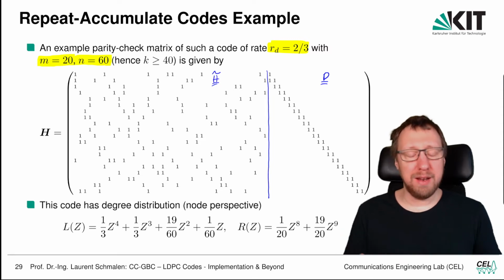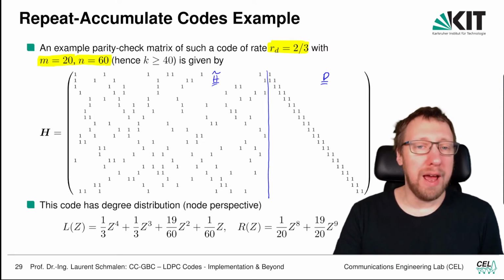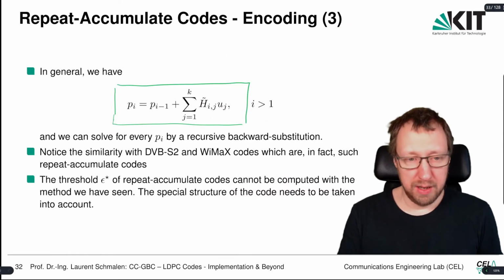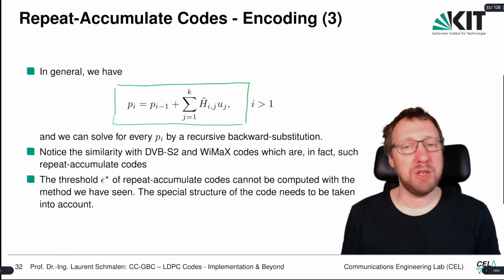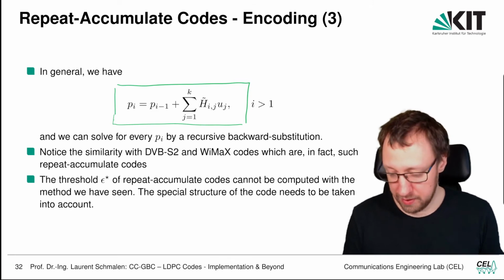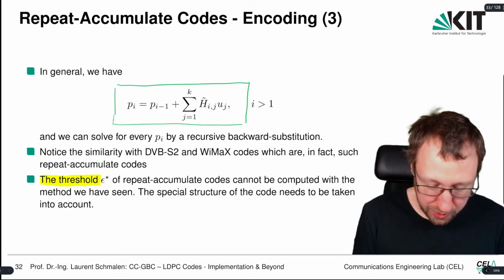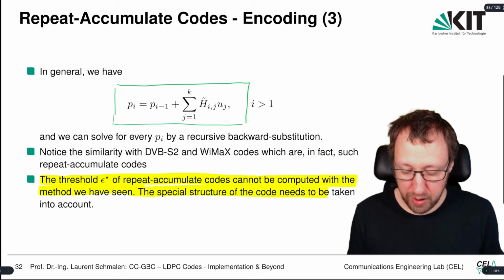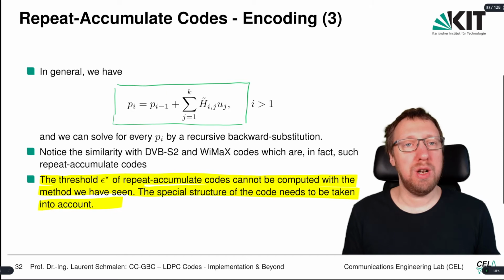We assumed a randomized construction, and we don't have this randomized construction here. So we need to take this special structure into account. Very important: the threshold cannot be computed with the method we have seen. We need to take into account the special structure of the code.